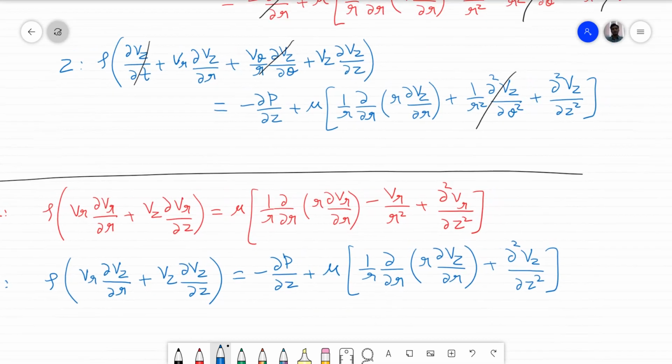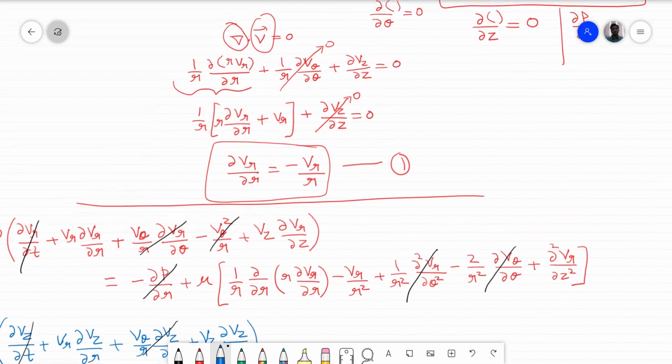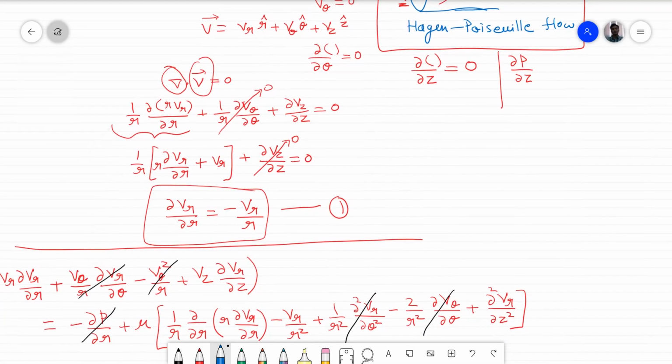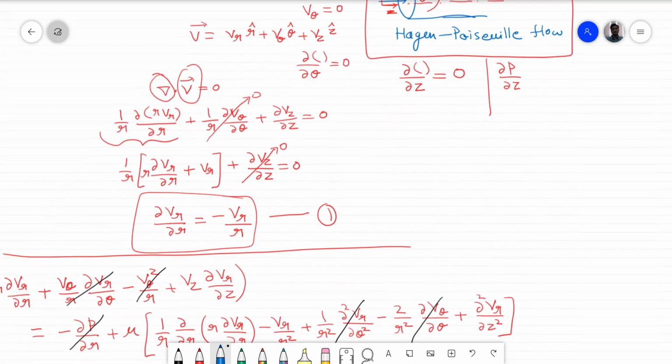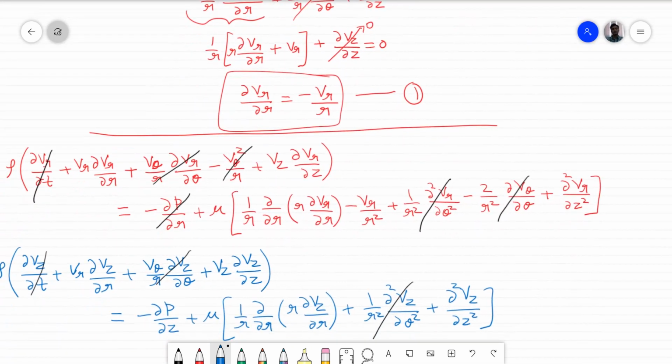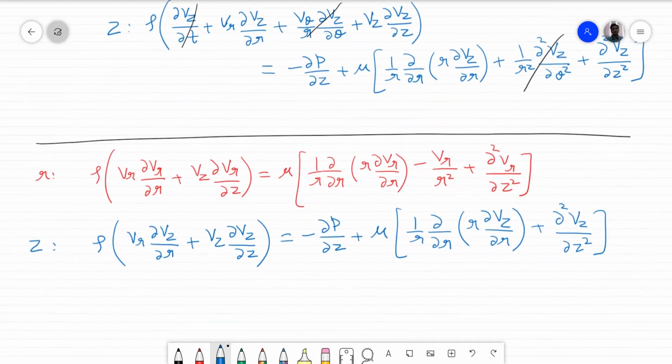But there is one more assumption. If we see this kind of flow here, we have not applied this fully developed flow assumption here first of all. So we had to neglect some more terms that we did not do.